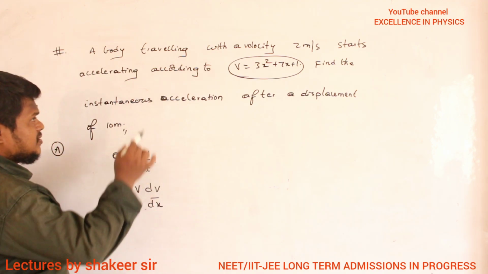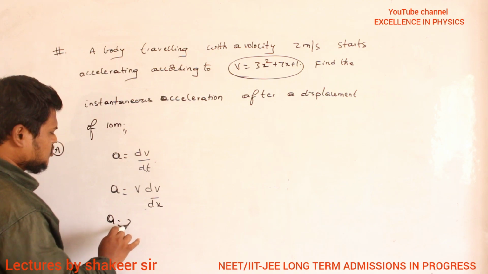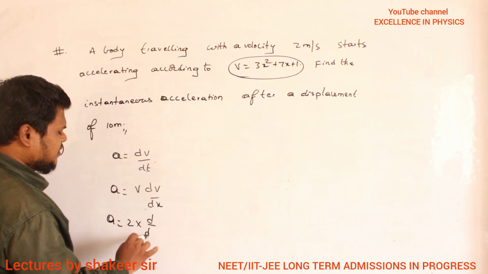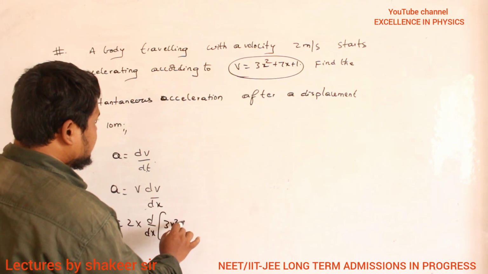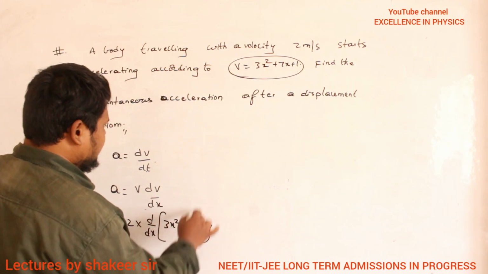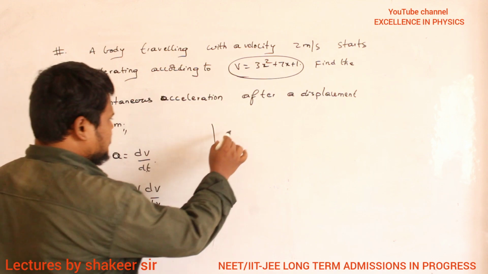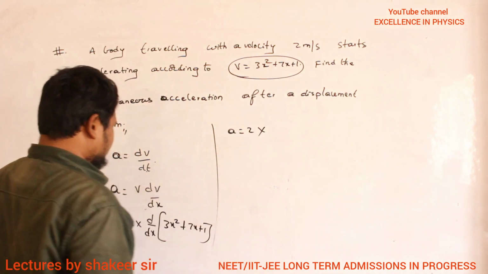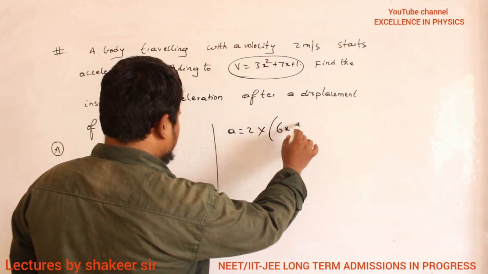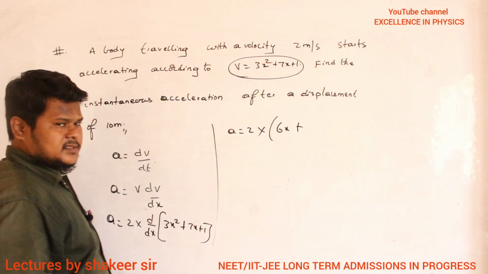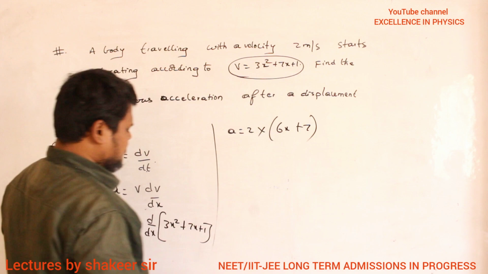What is the initial velocity which is given? 2, multiplied by d by dx of the equation of velocity he gave, which is 3x square plus 7x plus 1. So just do this calculation. a equals 2 multiplied by, differentiation of 3x square is 6x, plus differentiation of 7x is 7, differentiation of 1 is 0.